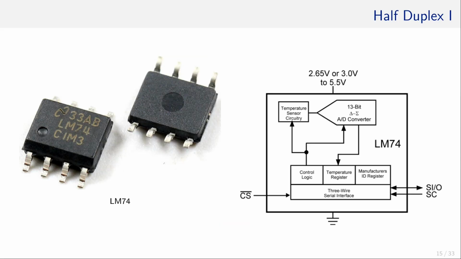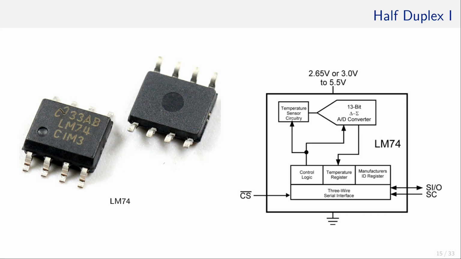Here is another SPI configuration. So far, we saw slaves with 4 SPI ports: slave in and out, clock, and chip select. However, the SPI specifications are not set in concrete, and here is another example: the LM74, a temperature sensor.